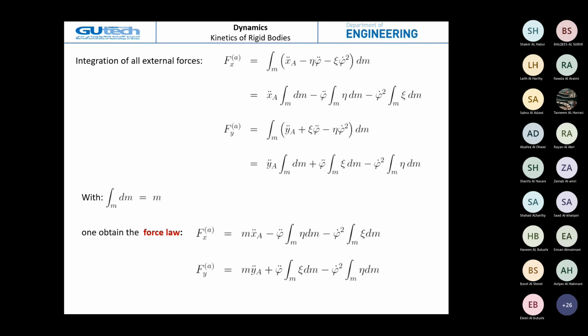Then we obtain the force law: the force is the mass multiplied by the acceleration of the point A, plus these two terms. The same principle is used for the y direction.